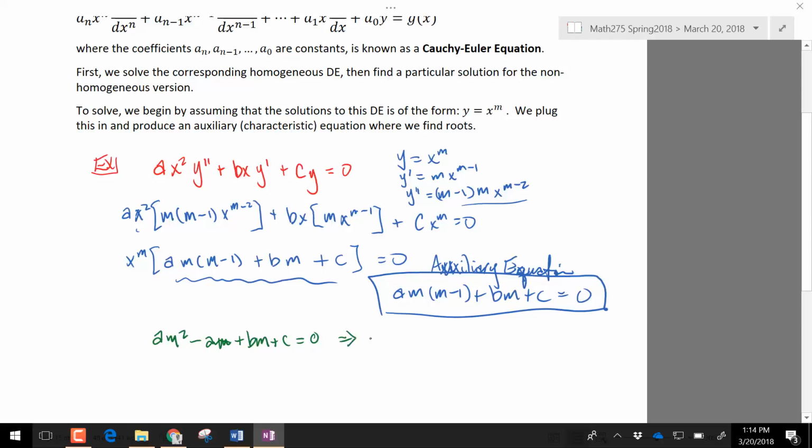So a m squared plus (b minus a) m plus c equals 0. And so you can go back and use the quadratic formula, and then we'll come up with those three possibilities again.